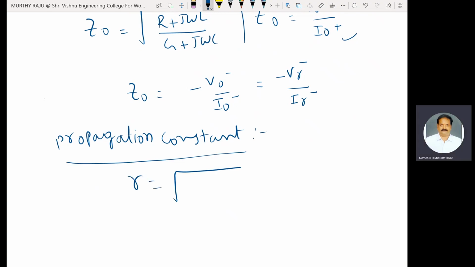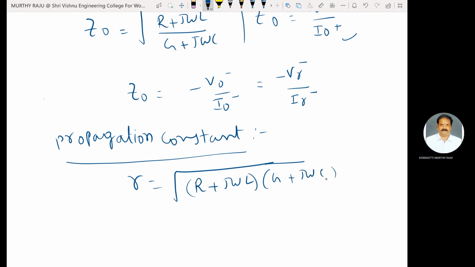Gamma is equal to square root of (R plus j omega L) into (G plus j omega C).